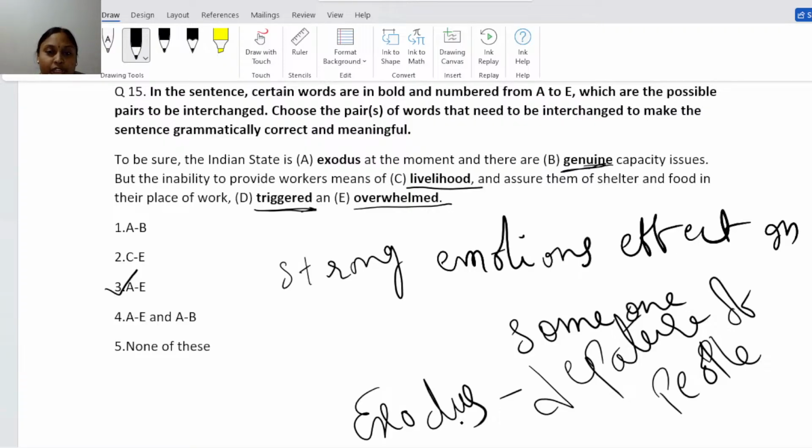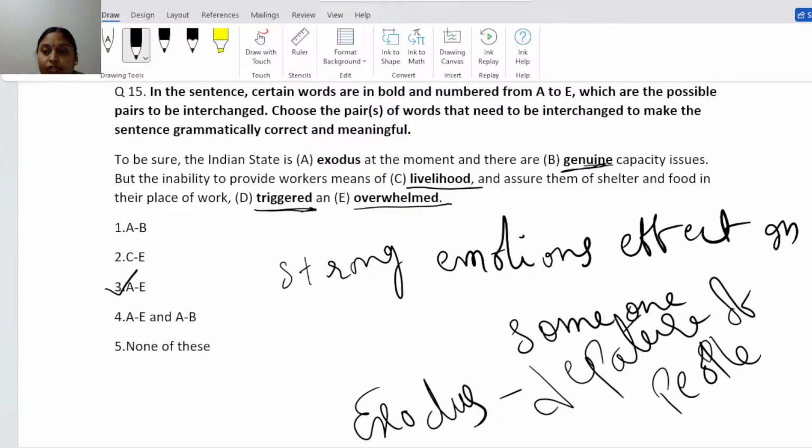So this will be replaced with the words strong emotional effect. Here Indians are having a strong emotional effect due to genuine capacity issues. Capacity issues means sometimes they are unable to provide enough work. In that case, livelihood means daily life, whatever they need, that will not be provided. So this is about the state.